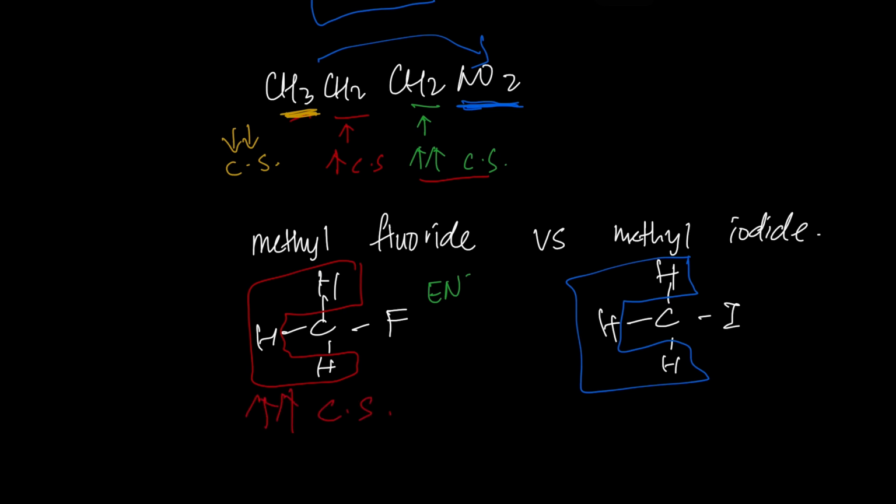Methyl iodide protons will give you a lower chemical shift value compared to methyl fluoride because iodine is less electronegative compared to fluorine. So the de-shielding effect of iodine is also less compared to the de-shielding effect given by fluorine.